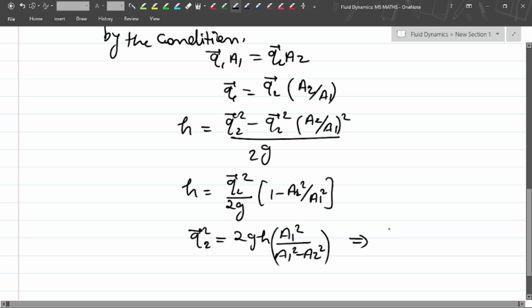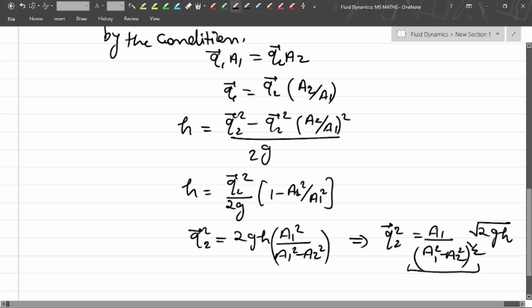Then q2 vector is nothing but a1 upon the square root of a1 square minus a2 square, into root 2gh. So this is basically the coefficient.